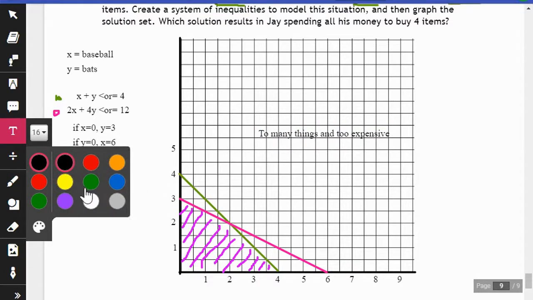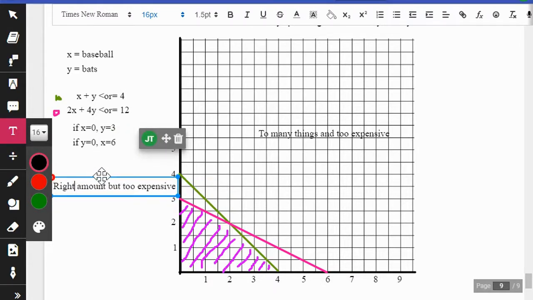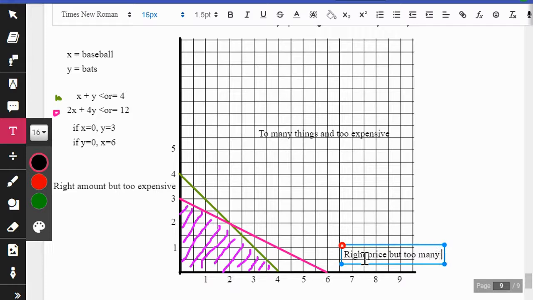Over here we have right amount, but expensive. And then over here we have right price, but too many things.